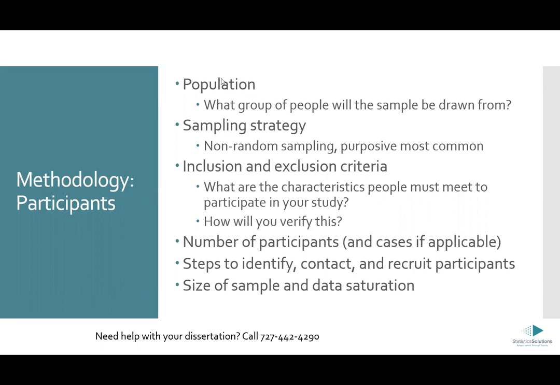So if you're doing a study where you want to understand maybe professional development opportunities at a particular organization, you might include inclusion criteria that says they have to have worked at this organization for 3 years. So it really just depends on your study and what makes the most sense.